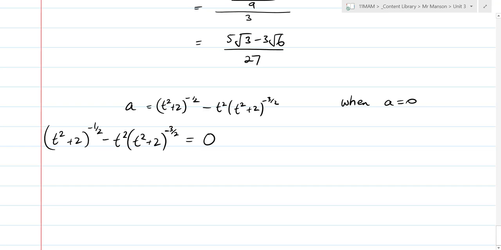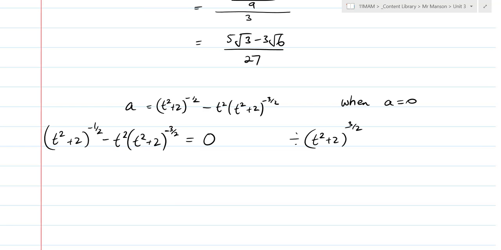But both of them have a square root thing in here. So I'm going to divide it by that, and that will give me (t squared + 2) to the power of negative a half over (t squared + 2) to the power of negative 3 over 2 minus (t squared + 2) to the negative 3 over 2 over (t squared + 2) to the negative 3 over 2.